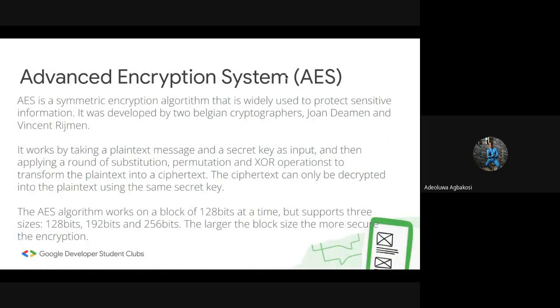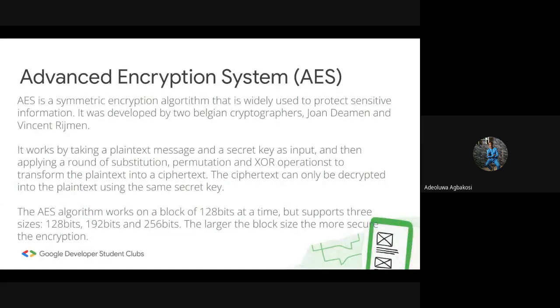Okay, now the Advanced Encryption Standard. The Advanced Encryption Standard was built to replace the Data Encryption Standard. So DES is the predecessor of AES. This is the one that has been mostly used even by some major governments.